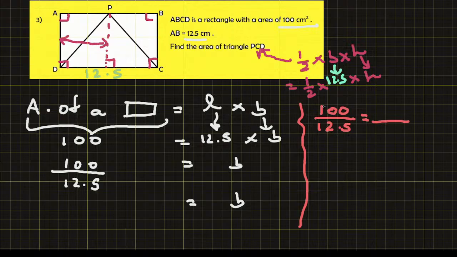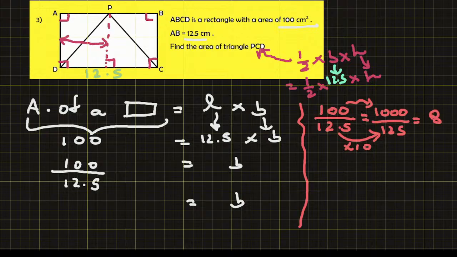How do you convert 12.5 to an integer? By multiplying by 10, so it becomes 125. If you do something to the denominator, you have to do the same thing to the numerator. So 100 times 10 is 1000. What is 1000 divided by 125? How many 125s are there in 1000? That's 8.